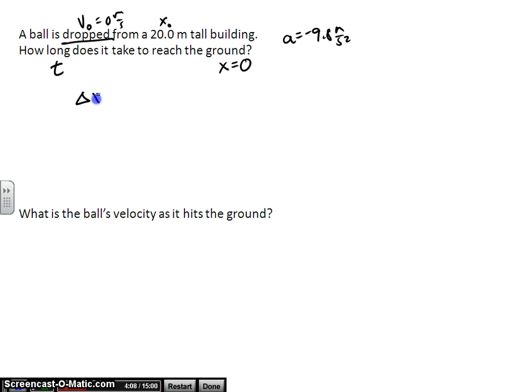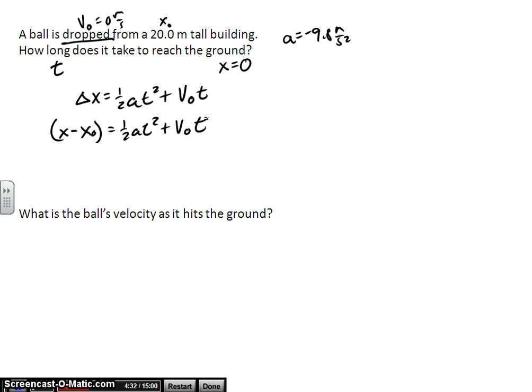Probably my best equation to go with, if I look back, would be the first one. So delta x equals 1/2 a t squared plus v naught t. Now notice a couple of things. I don't have a delta x. So we're just going to substitute x minus x naught here, equals 1/2 a t squared plus v naught t.